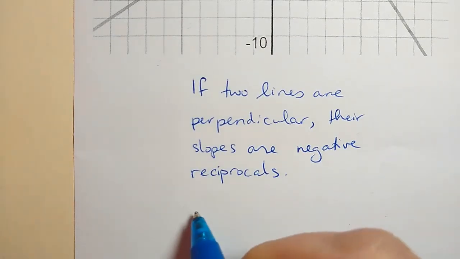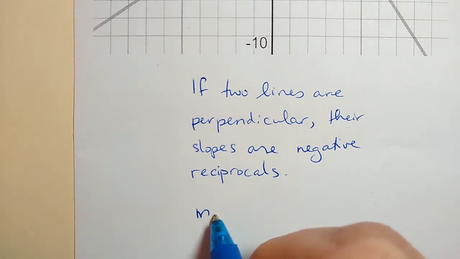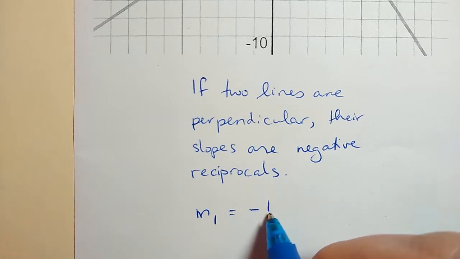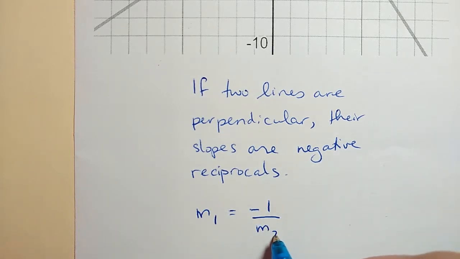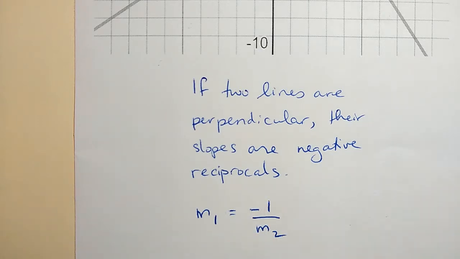So in this case, let me write this out in a little more detail here. We would say that M1 is equal to, now there's a couple of ways to write this. This is one way here: negative 1 over the other one. So that's one way that we can write it.